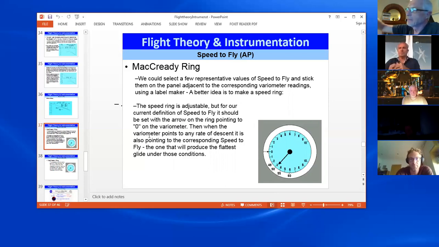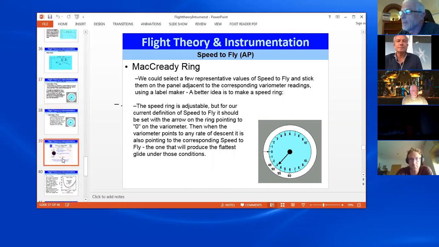By working out the sink, you'd adjust this ring and it would say, "Oh, my airspeed needs to be this." We don't use them on paragliders, but it may come up. It's worth knowing what they are. It was literally a physical thing stuck on the panel, so you could work out how fast to fly for max glide.